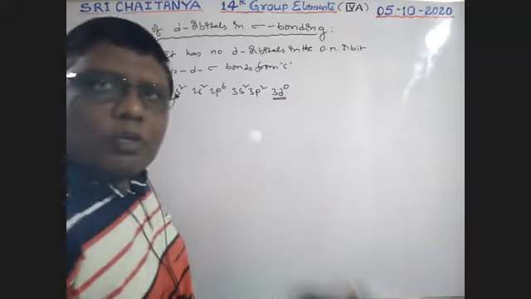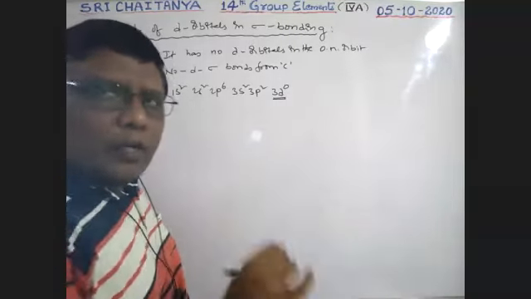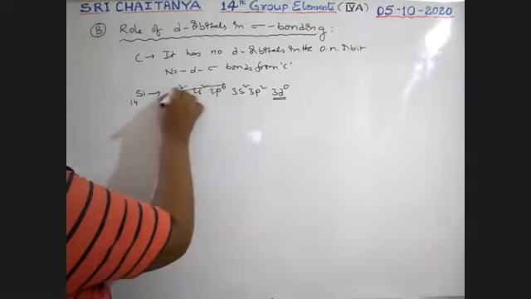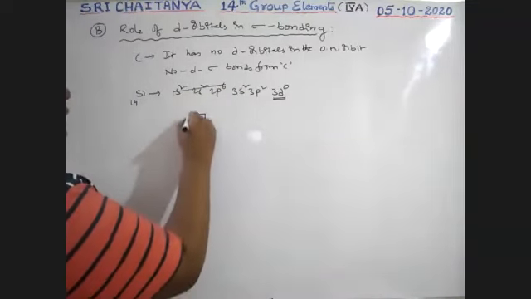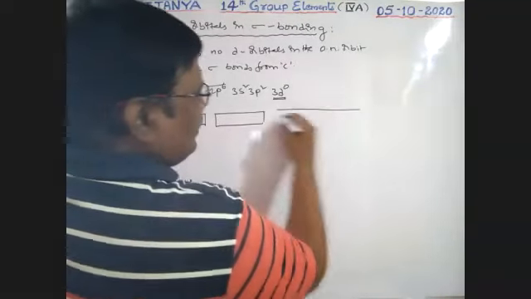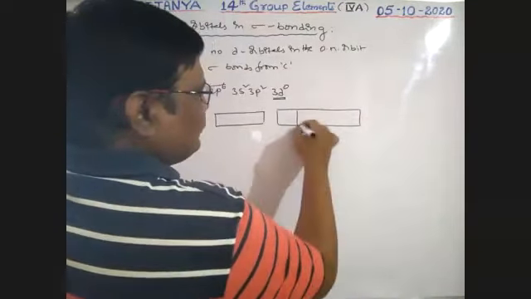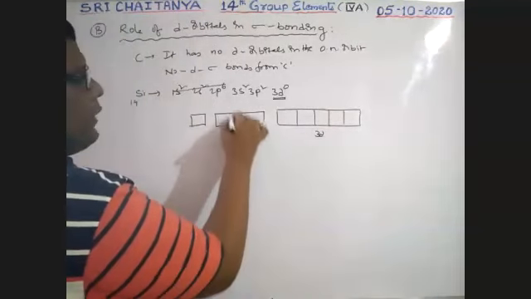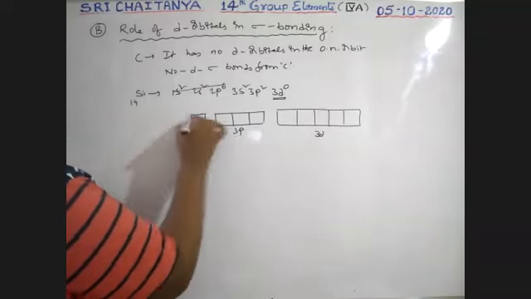Silicon contains outermost d orbitals, but carbon does not; 2d orbitals do not exist. So see here, I am writing the s orbital, p orbitals, and d orbitals: 3d, 3p, 3s.